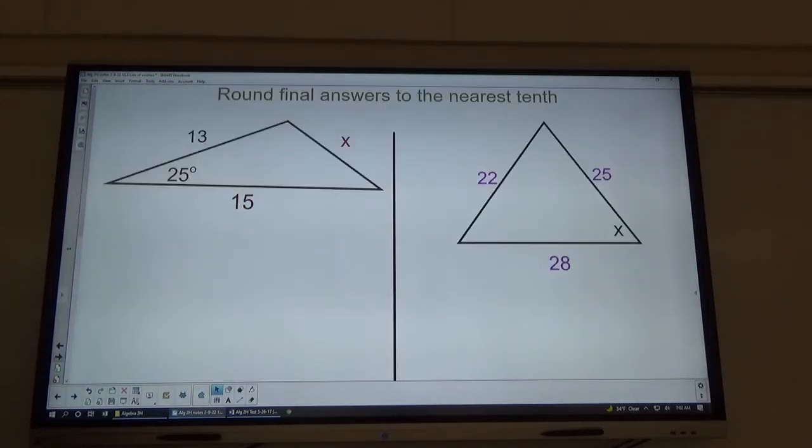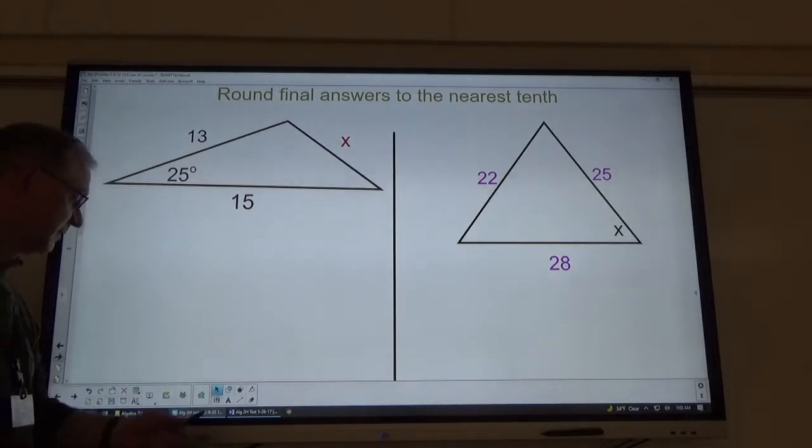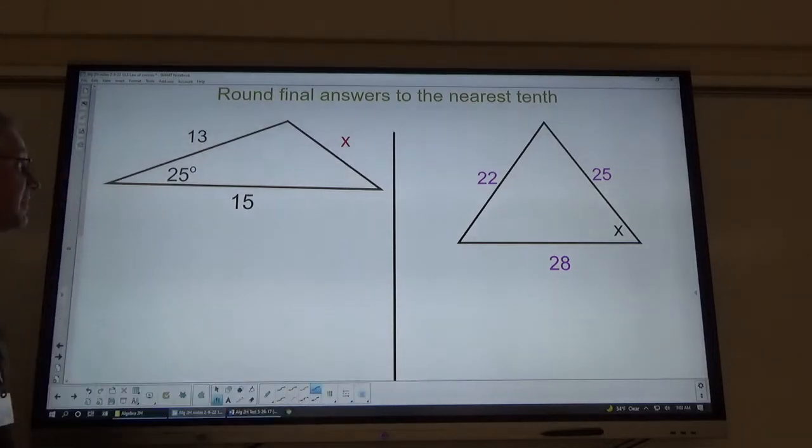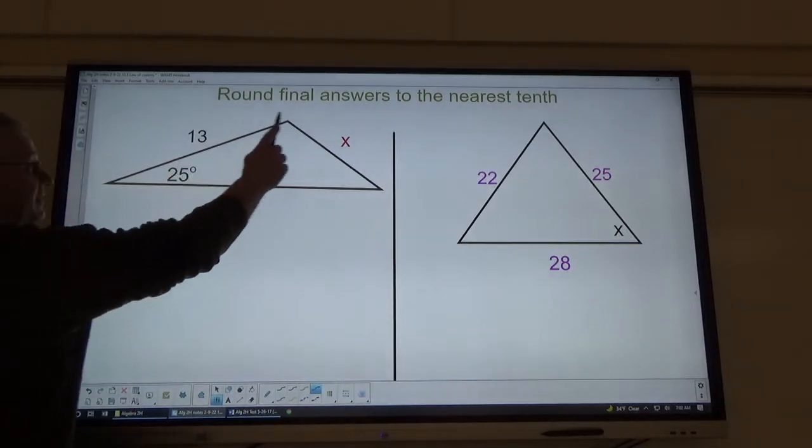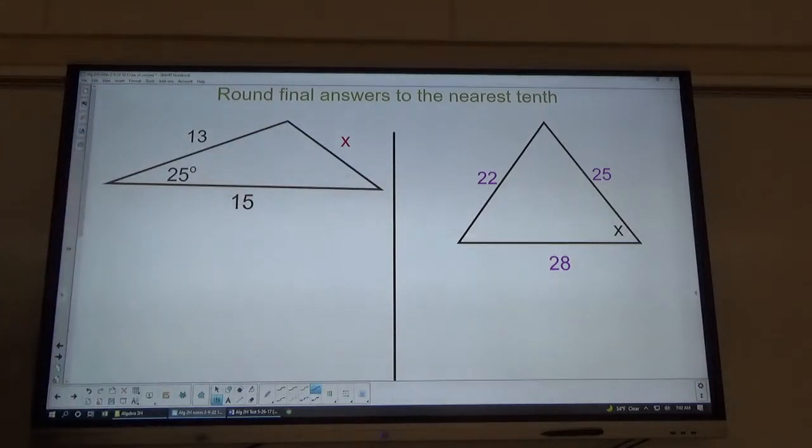All right, so let's put that into practice. Here's our first example, and in this example, I have not labeled any of these, notice that. The angle and the side across from it are our 2 things that are going to be at the far ends of our equation.